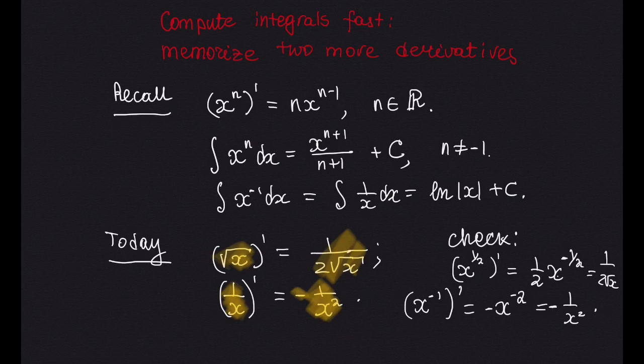These two particular functions, square root of x and 1 over x, appear in all kinds of differential equations and in all kinds of mathematical tasks that we have to do outside of calculus, so it just seems worthwhile memorizing these two formulas.